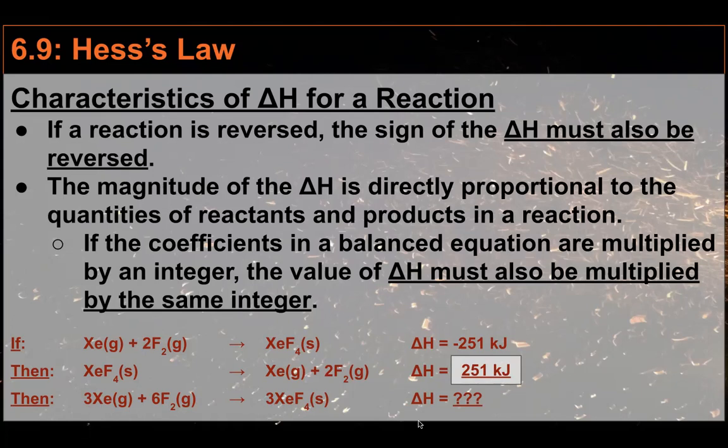So we did not reverse it, so we don't change the sign, but we multiplied this by 3, so we have to multiply this by 3 as well. So negative 251 kilojoules times 3, it's going to get us negative 753 kilojoules. Okay, so hopefully that made this clear enough.